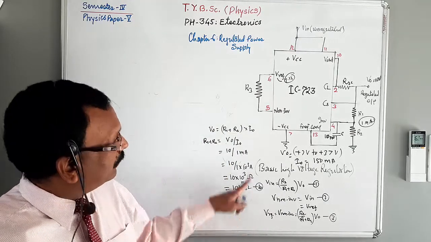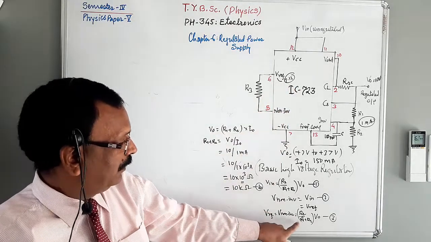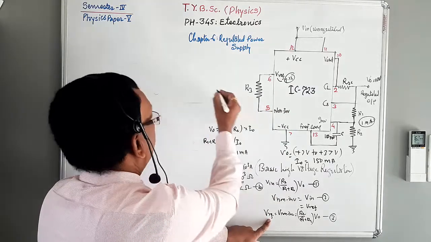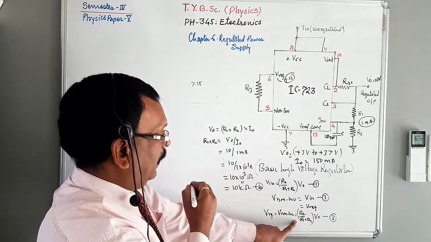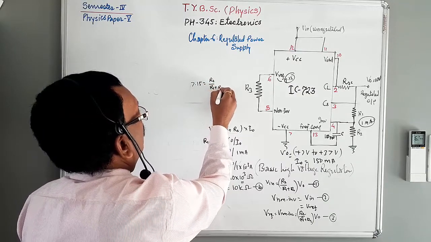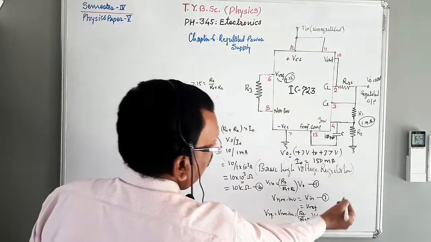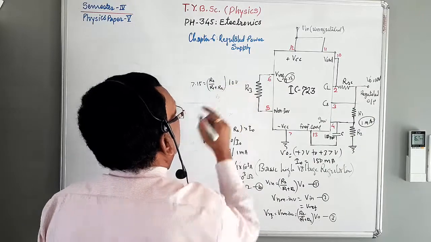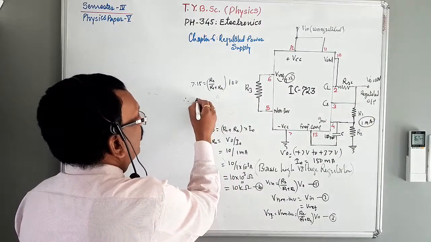If V reference is 7.15 volt, using equation 3, V reference is 7.15 volt, equal to R2 upon R1 plus R2 into V0, and the output voltage V0 is 10 volt. Then solve this.